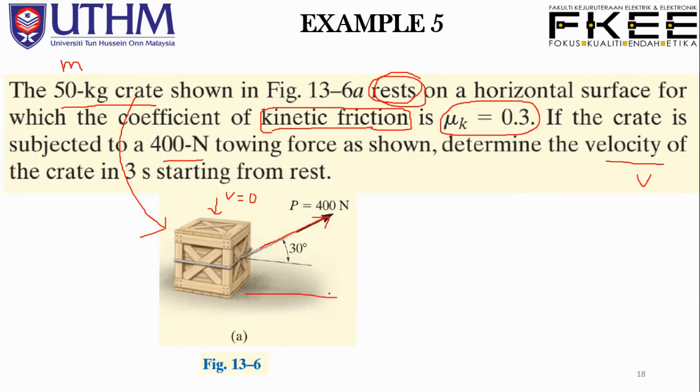For example, it moved from here to here from t equal to 0 seconds with 0 speed, and then it moved to this point, and after 3 seconds, for example, t equal to 3 seconds, we have from here to here a certain v1, a certain level of speed or velocity. So we need to determine this value. Okay, how should we do?